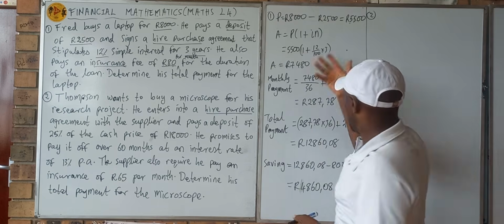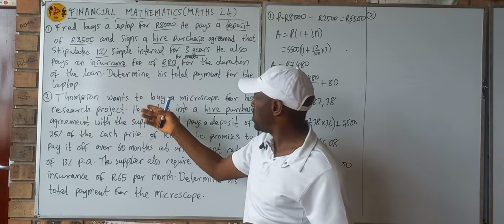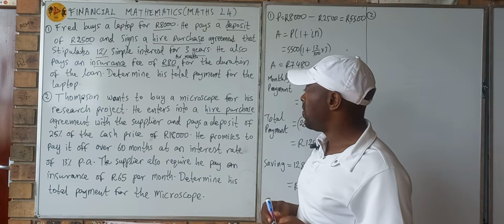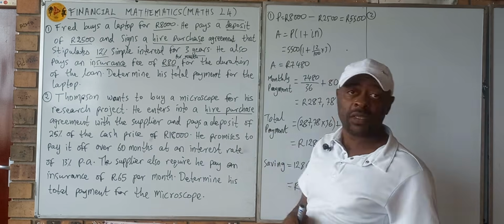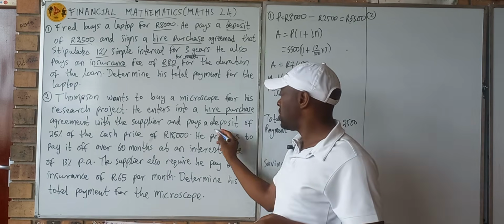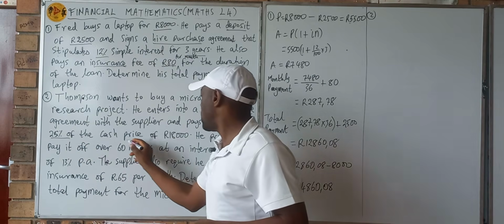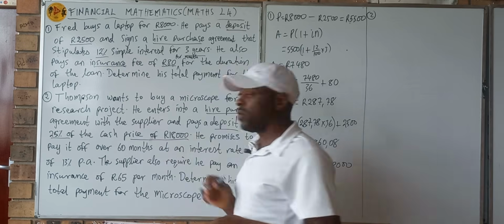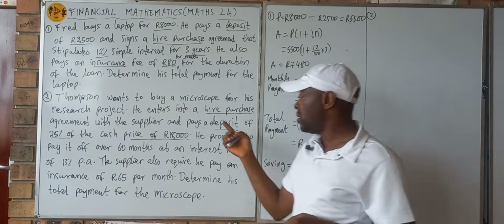From our explanation here, I guess this one will be easier. It says Thompson wants to buy a microscope for his research. He enters into a hire purchase agreement with the supplier and pays a deposit of 25% of the cash price of 18,000, which means the microscope costs 18,000.